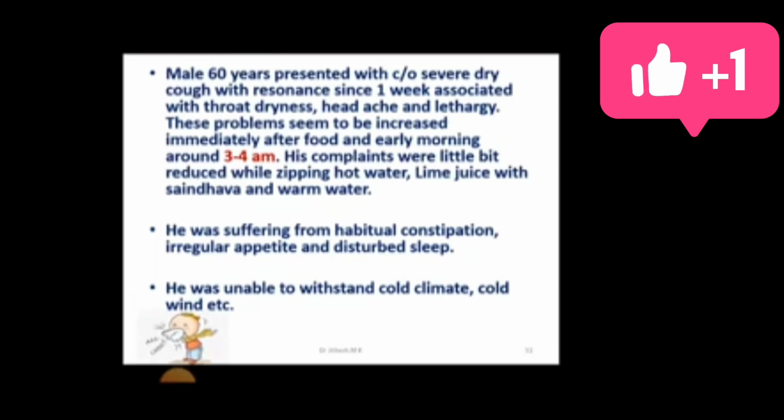Most of the time he says that when I wake up to pass urine, around 2 or 3 o'clock, severe irritation is there and the cough increases. So we ask again, how do you subside that? Does it subside simply? No. He will say that when I drink some warm water or water with salt, definitely the problem subsides.